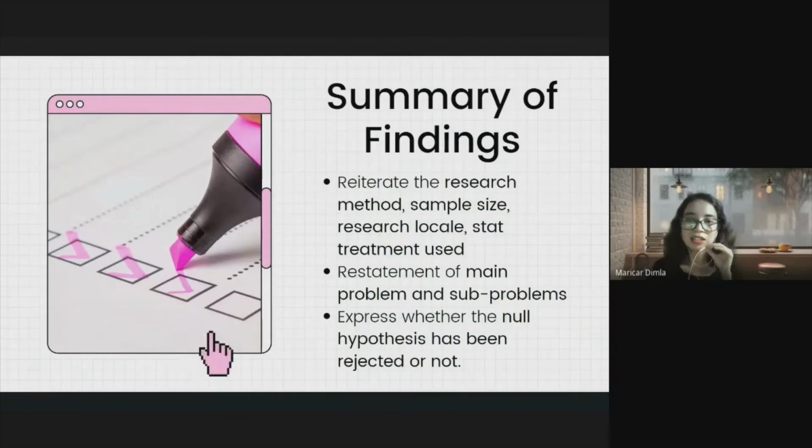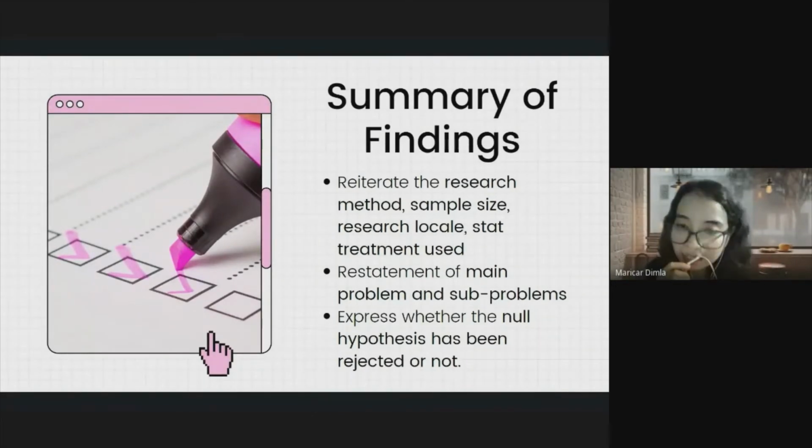So, class, let's deal with the summary of findings. On the summary of findings, class, number 1, you need to reiterate your research method, the sample size, research locale, and the statistical treatment. And then you also need to revisit your SOP, specifically the main problem and the sub-problems.